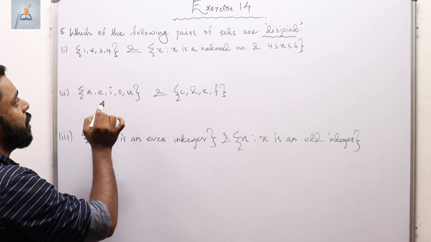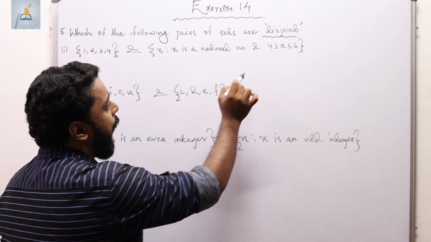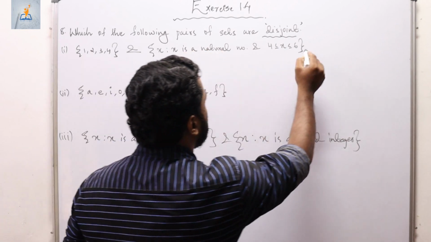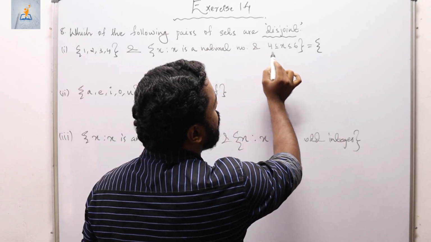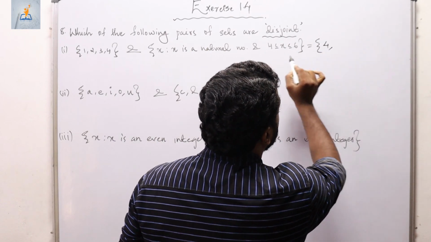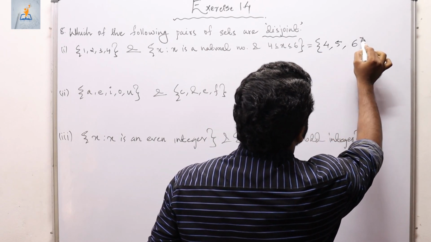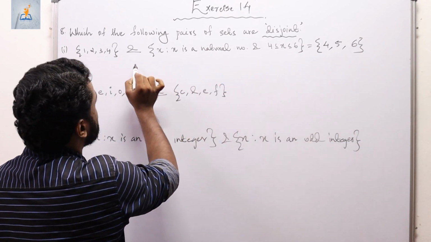Now coming on to the first one. Set 1, 2, 3, 4 and set of all x such that x is a natural number and 4 less than or equal to x less than or equal to 6. We can make this set into the roster form: x must be a natural number and 4 less than or equal to x, so 4 is included, x less than or equal to 6, so 5 is included and 6 is included. Then we can say that 4 is common to both the sets.